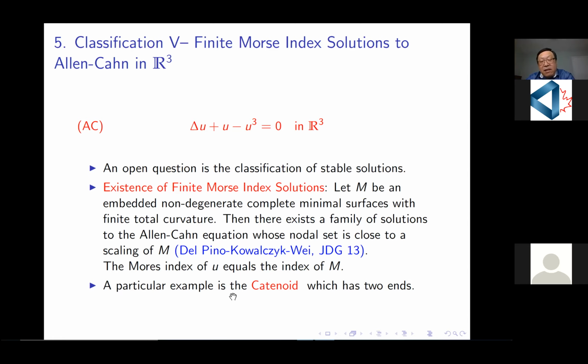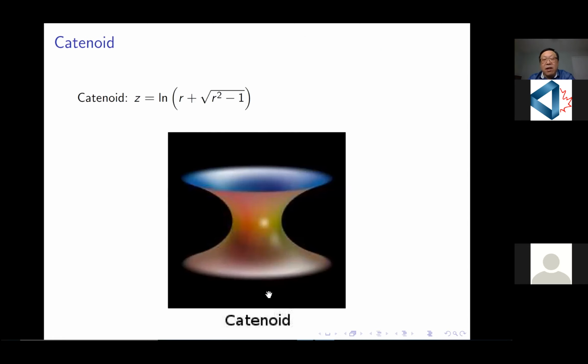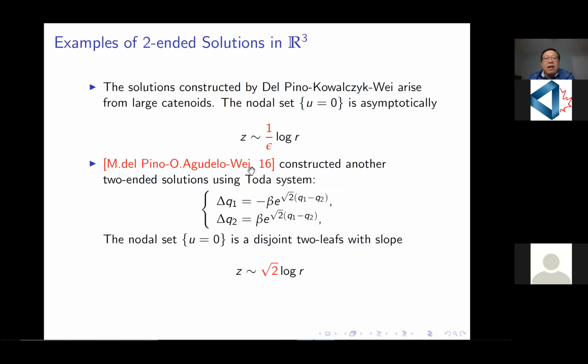A particular example is the catenoid, which has two ends. This is the first non-trivial minimal surface. The solution we construct arises from a large catenoid. You have to rescale the catenoid, and the nodal set of the solution is asymptotically like z equals 1 over epsilon log r.